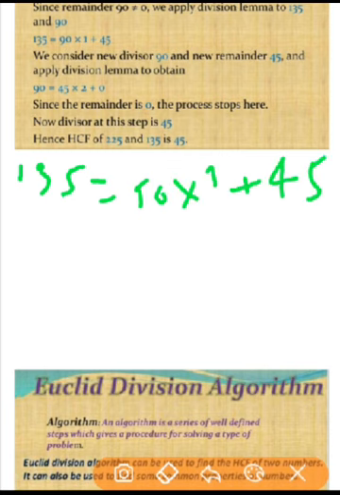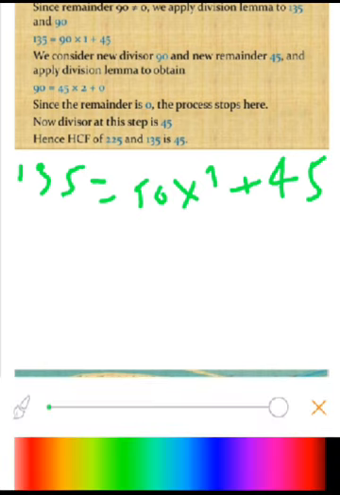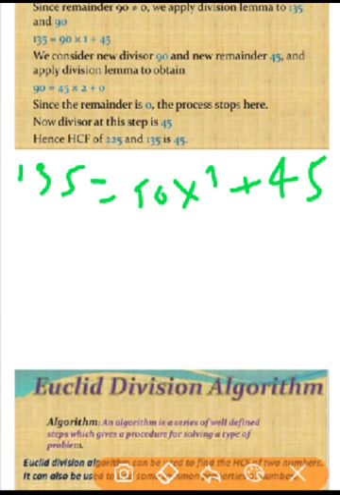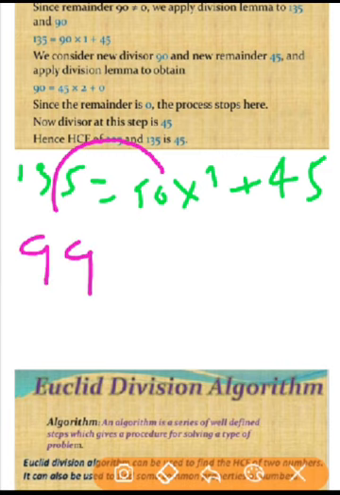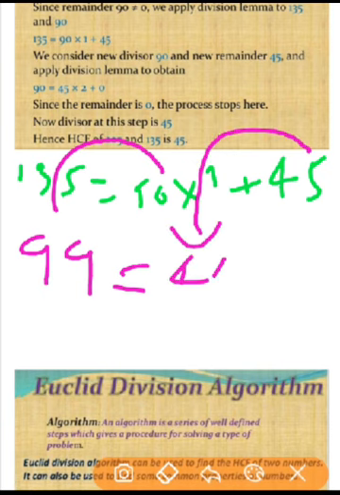As we have done previously, the divisor of the previous step will be our dividend, and the remainder of that step will be our divisor.